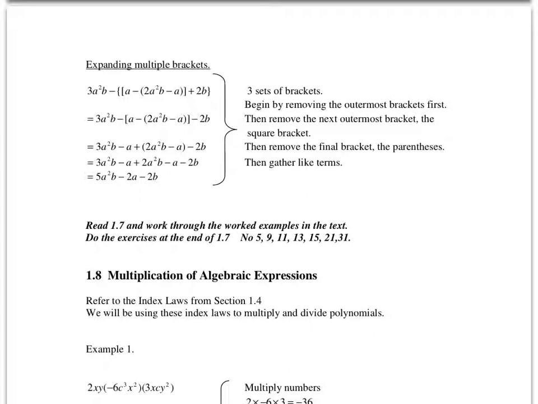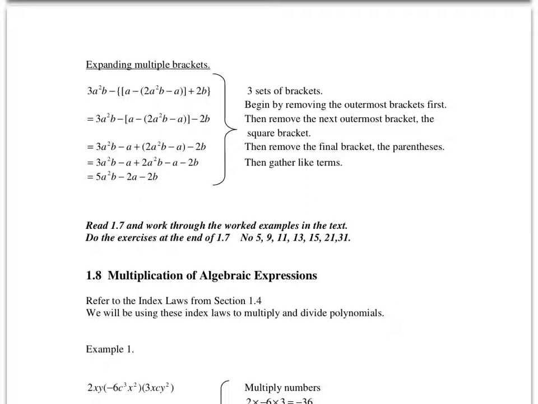And once all of the brackets have been removed, you gather up the like terms to simplify the expression. Now it really doesn't matter whether you go about it by removing the outermost brackets first or the innermost brackets first, as long as you remember to apply the appropriate rules of multiplication and division when you use the distributive law.